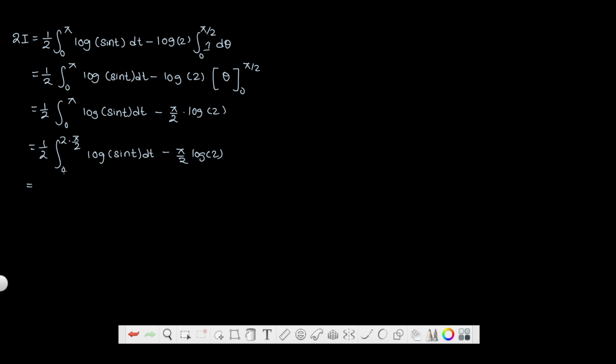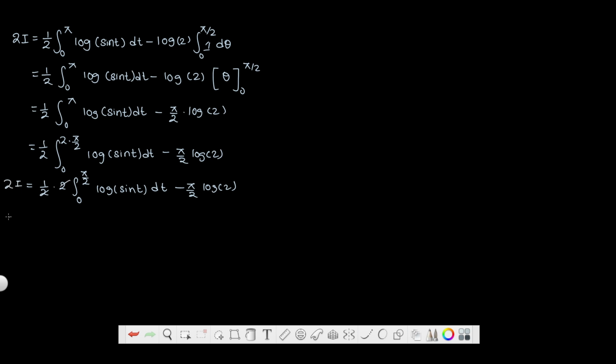Now integration 0 to 2a of f of x dx means 2 times integration 0 to a of f of x dx. Now these two and these two will cancel.